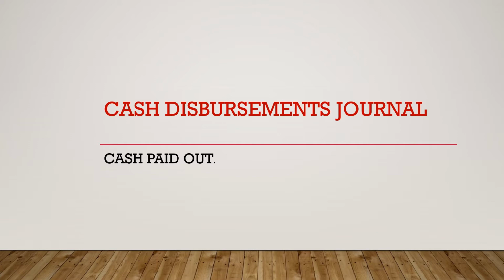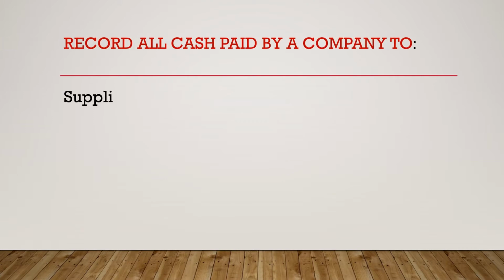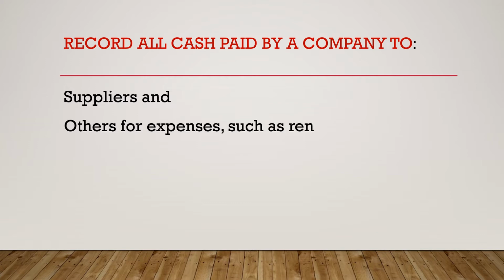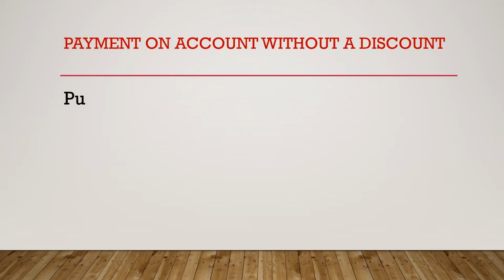They are basically cash payout. They're a record of cash paid by your company to suppliers or for other expenses such as rent and taxes, like I just said before.